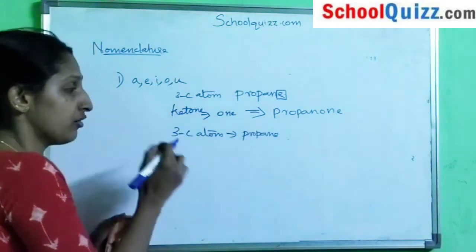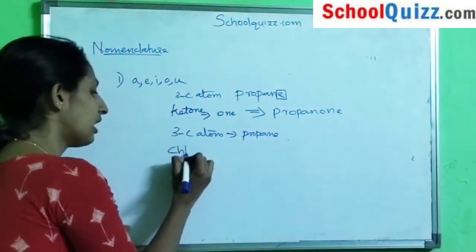And we are taking a functional group, that is, a halogen group, chlorine.